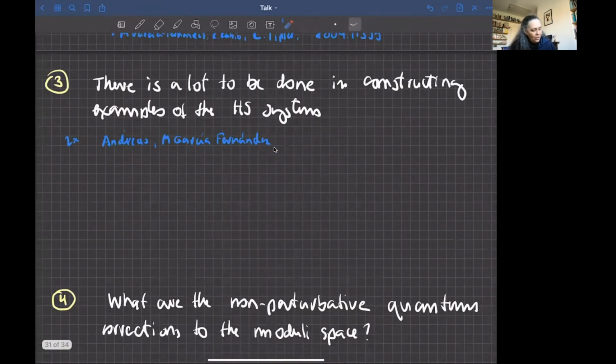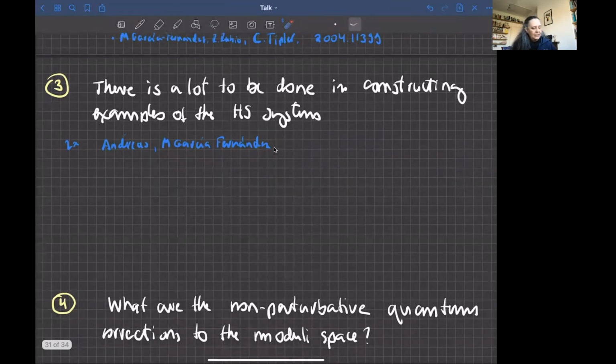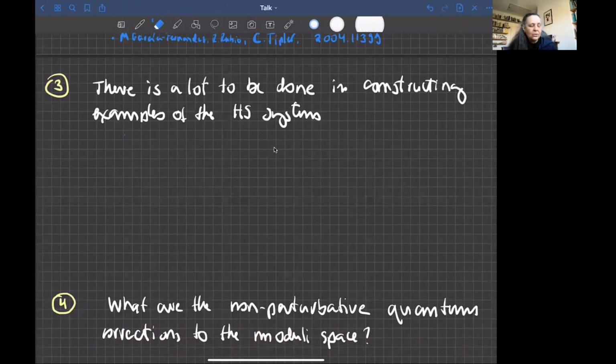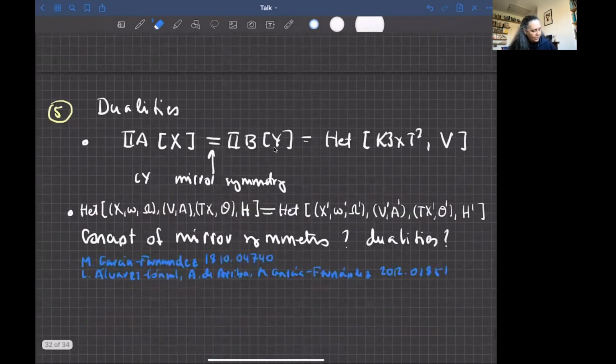There is a lot to be done in constructing examples. Here I have started putting examples, but as I promised earlier in the talk, I was going to write at the end of the talk a number of references, which I will show you right now.